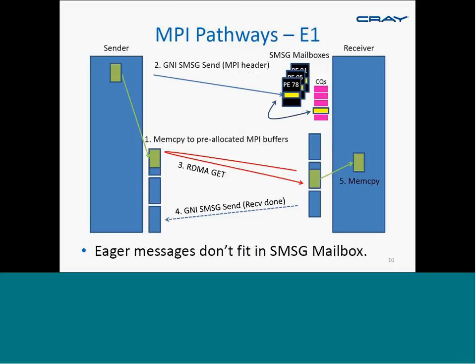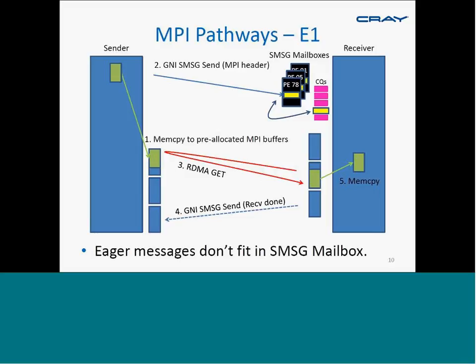A bit more complicated is the next pathway, the E1 way. So the sender sends directly to the receiver with header and the data, since it won't fit in the mailbox available. The very first step is to copy the sender's data into a local MPI buffer. Then it sends just the small message MPI header, which is basically just a header.